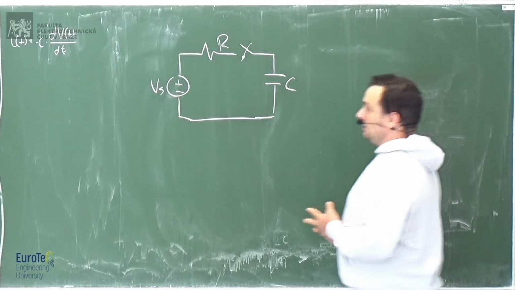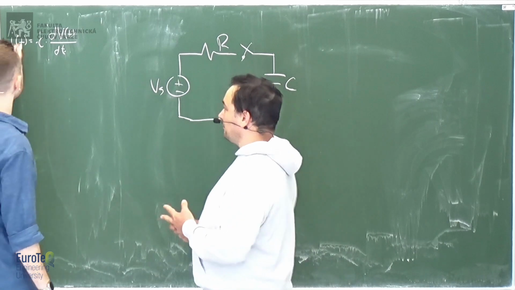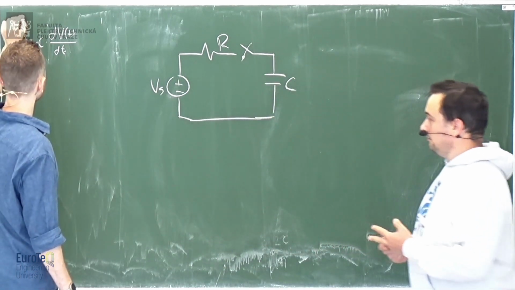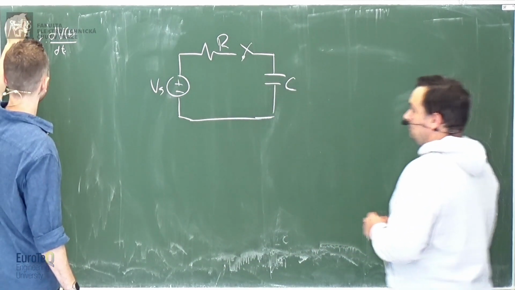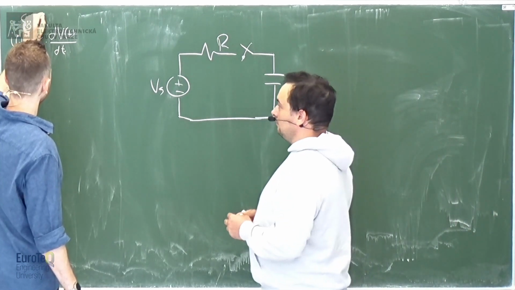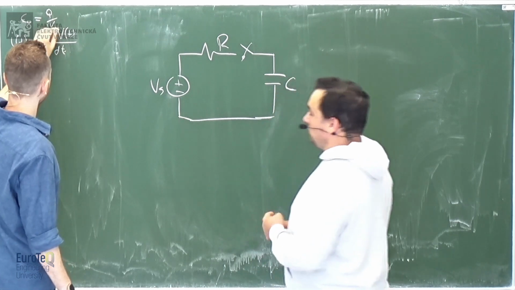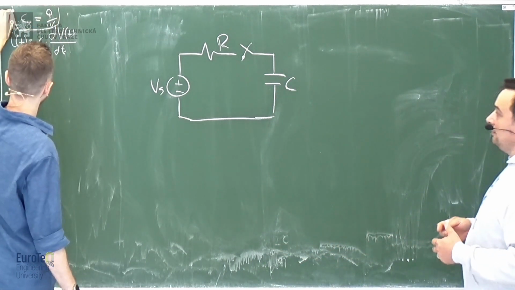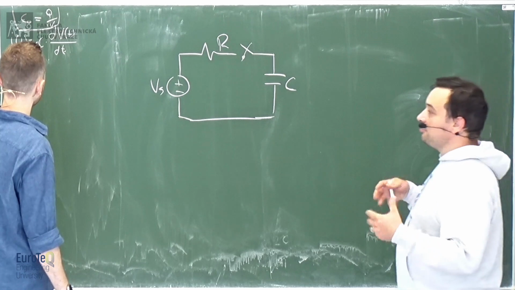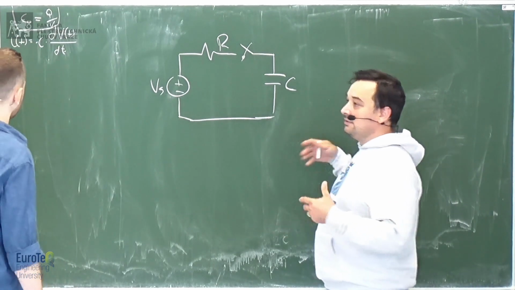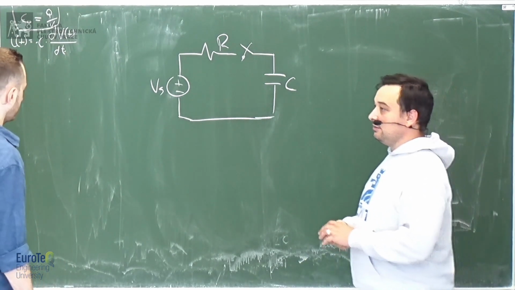And just to recall, the capacitance is the charge divided by the voltage, so how much charge you get for 1 volt of voltage that you get on there.